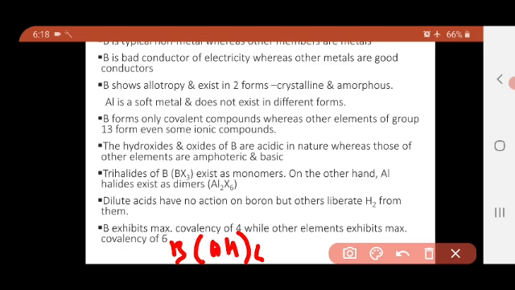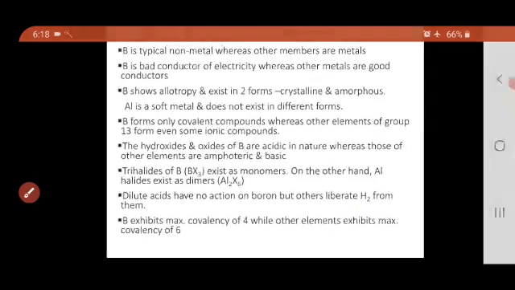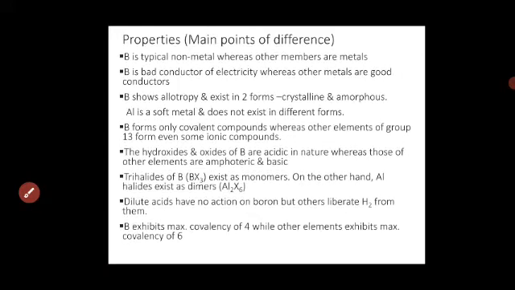Boron can form tetrahydroxo, but it cannot form [B(H2O)6]3+. Right? But aluminium can form [Al(H2O)6]3+. So these are the properties in which boron differs from other elements.